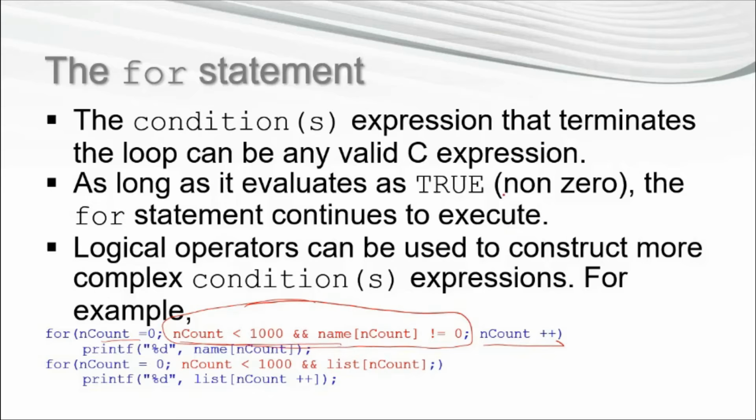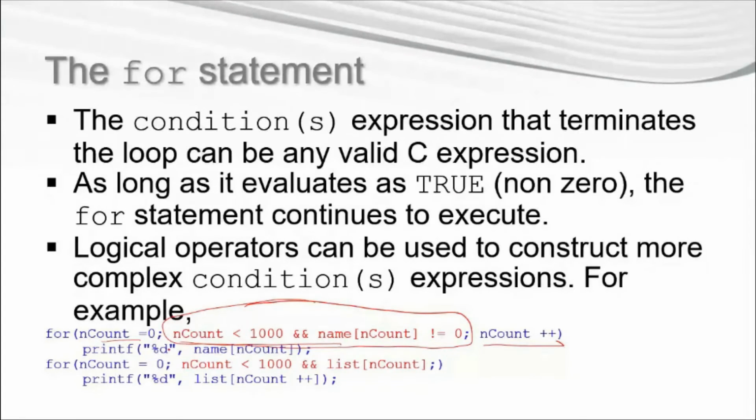For example, if n count is less than 1000 and, with the ampersand meaning the logical AND, the name n count is not equal to 0. In that case, if it is evaluated to be true, then whatever is inside this particular for loop will be executed.